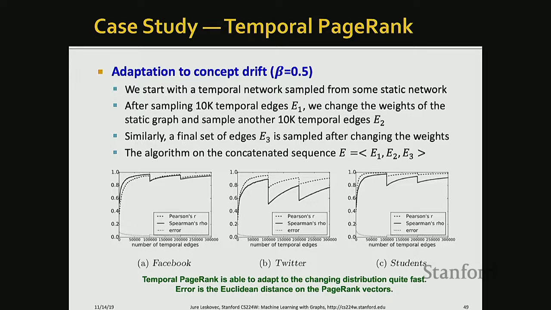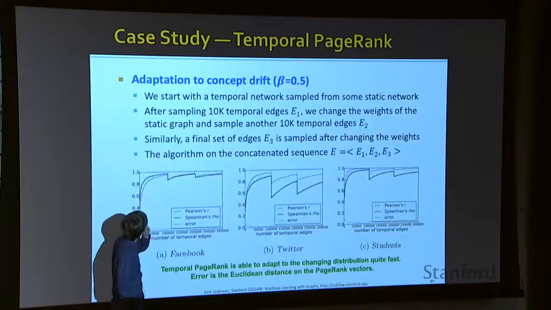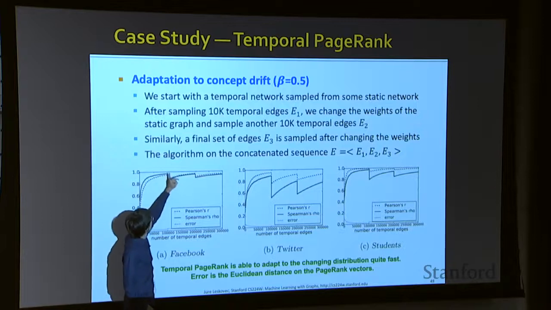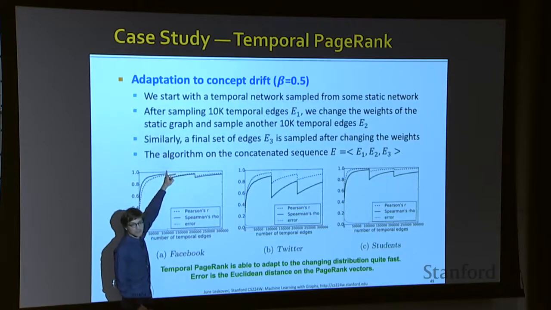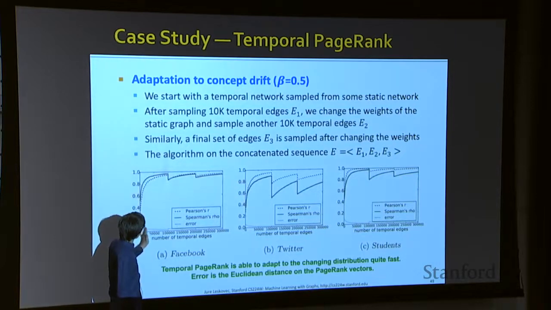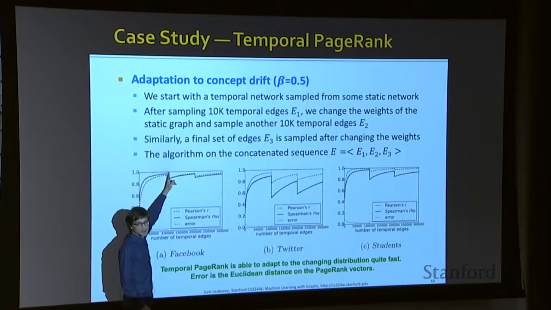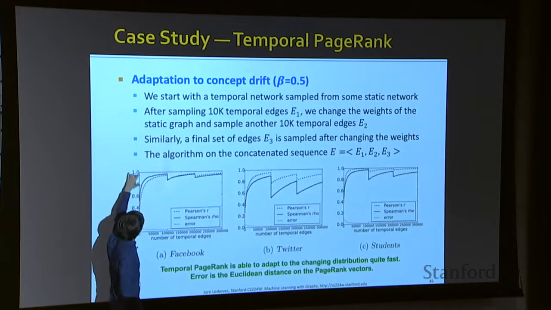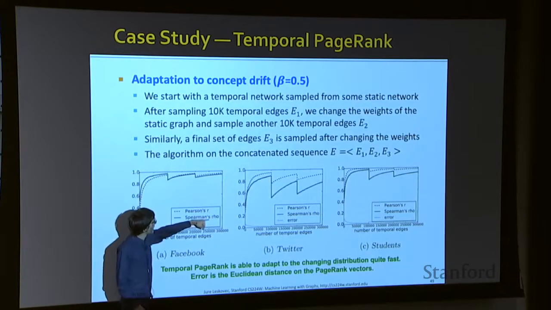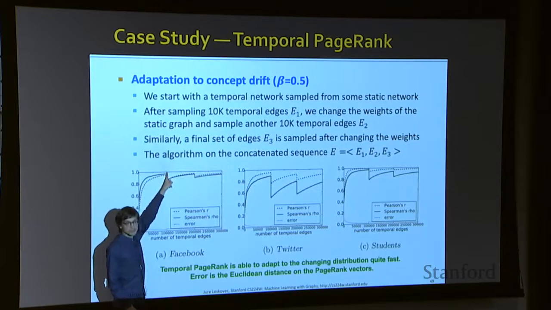Then let's keep adding these temporal edges one after another, and measure how the PageRank scores converge to the final graph that is here. These edges are coming in, and here is the final static graph, and this shows how this relates to the final PageRank scores of the static graph.